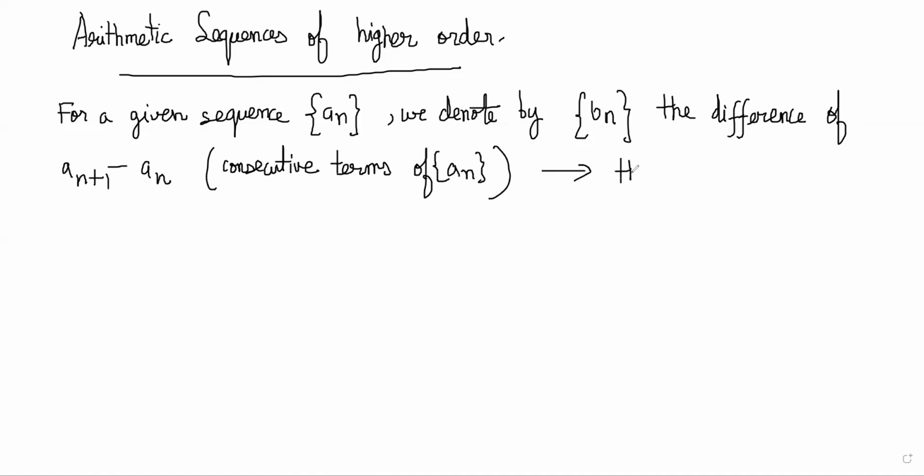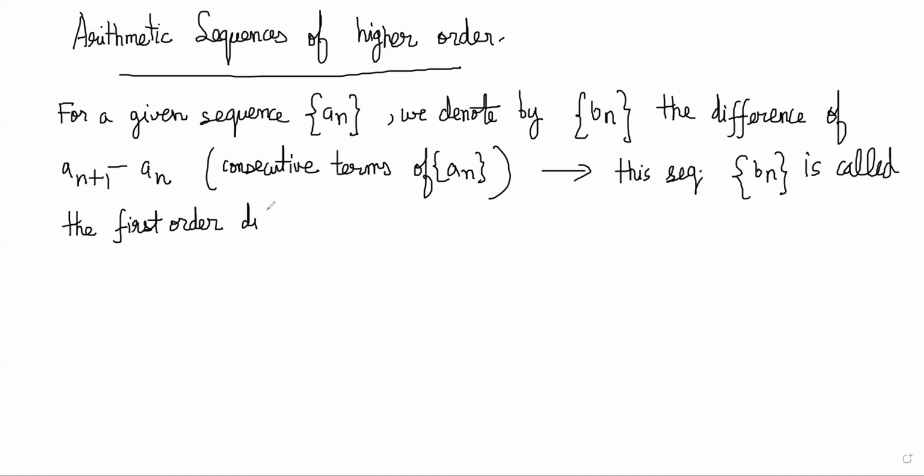So this sequence Bn is called the first order difference sequence of An.